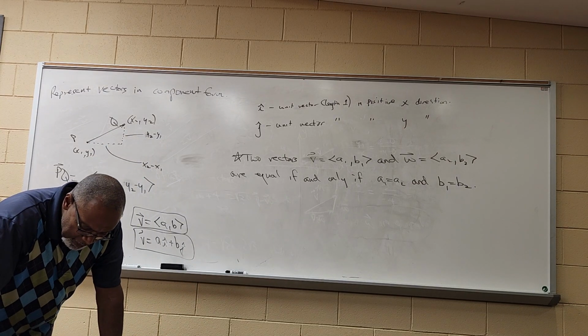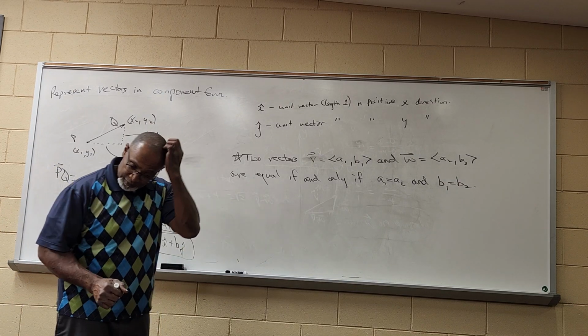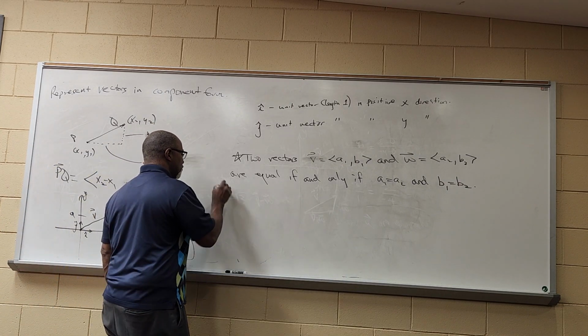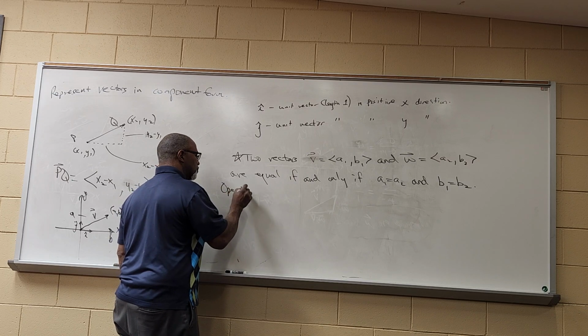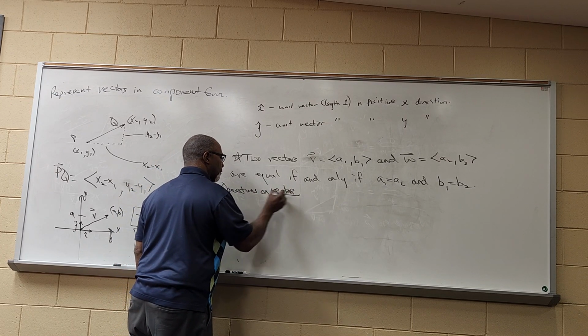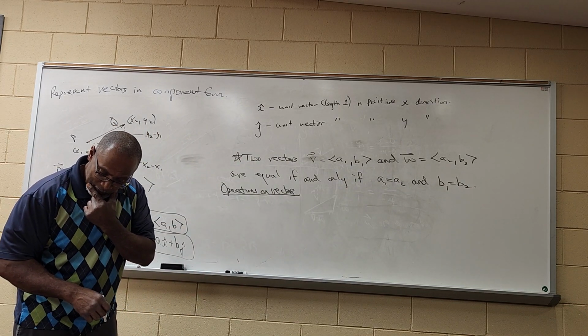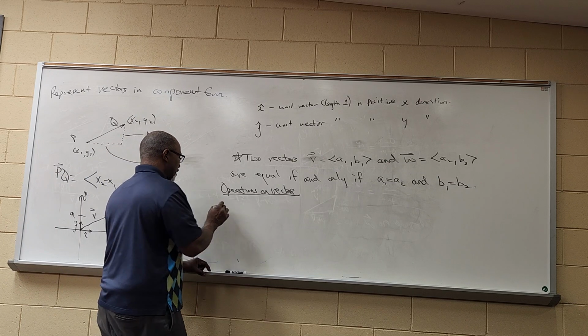Okay. Now, with that in mind, we can add and subtract vectors. So, operations on vectors. If we have two vectors, V equals A1, B1, and W equals A2, B2, then we have vector addition.